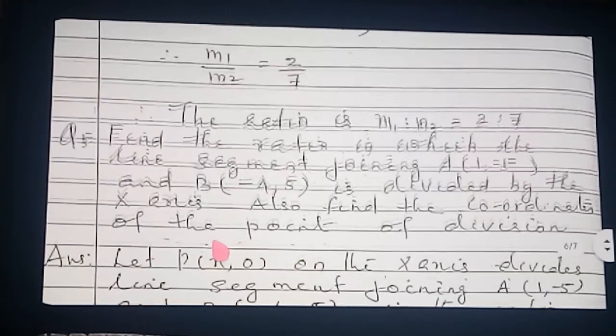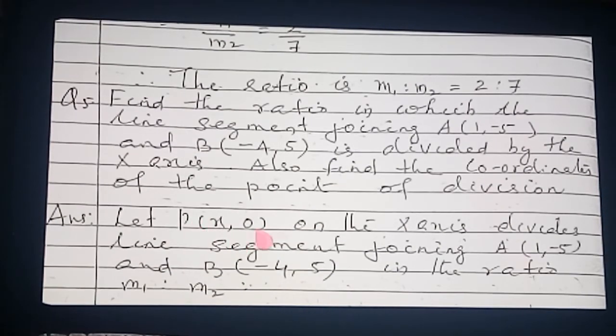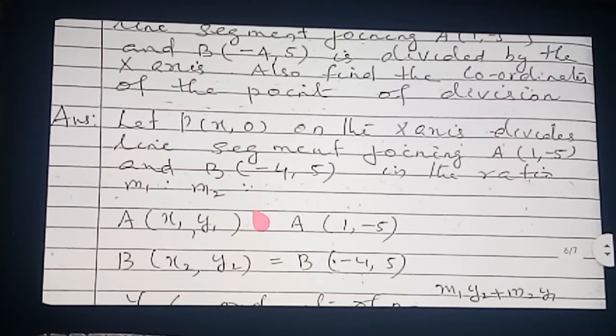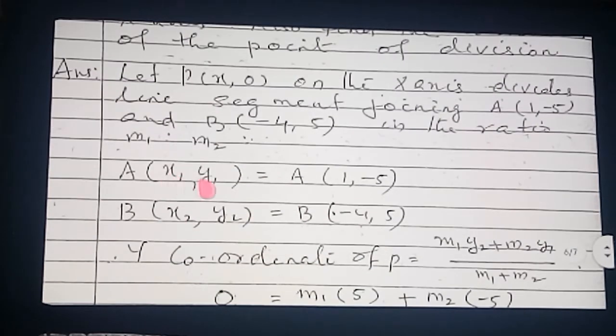Now see here. Let P(x, 0) be a point on the x-axis that divides the line segment joining A(1, -5) and B(-4, 5) in the ratio m1 is to m2. This is very easy to understand. Now see here, all the points are written.